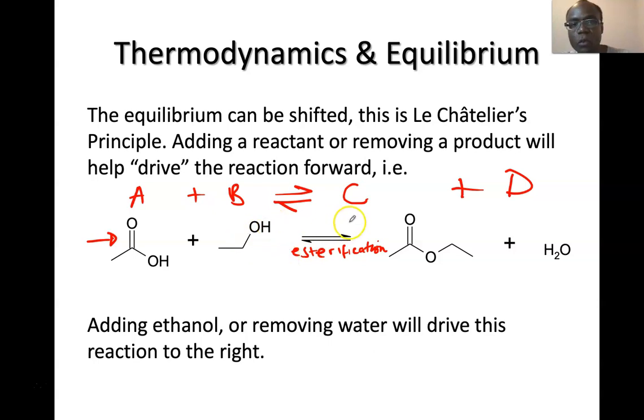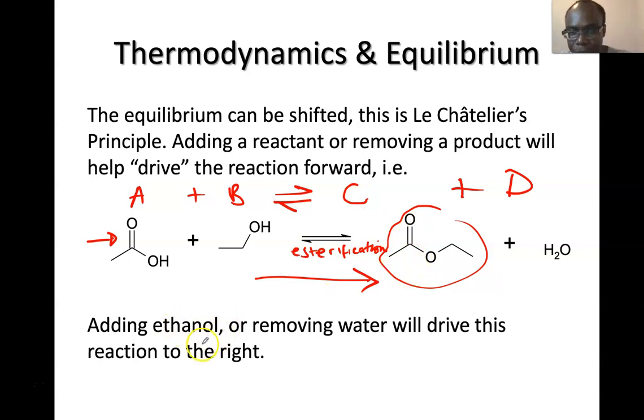So let's say you want the reaction to move forward. There are several things you can do. You can add an acid catalyst, or as you form your product, you can take it out because now you're creating space on the right and more products will form.